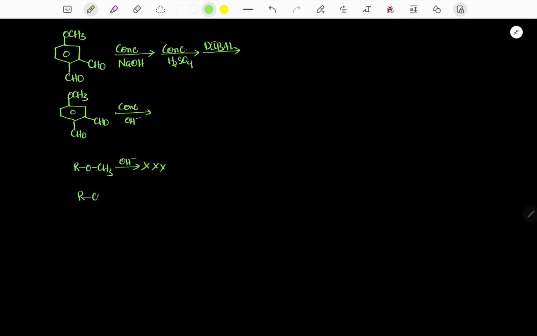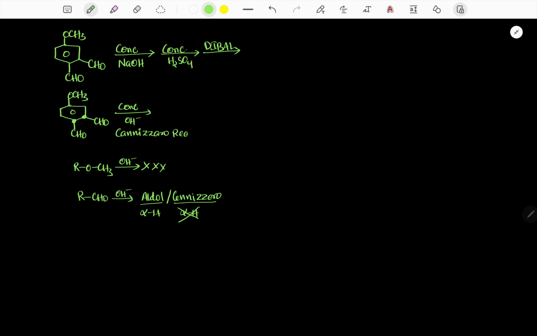But when an aldehyde is treated with OH minus, there is a possibility of aldol or Cannizzaro. Aldol is possible if alpha hydrogen is present. Cannizzaro is possible if alpha hydrogen is not present. Therefore here the ether won't react, and this aldehyde has no alpha proton. Therefore it is an example of the Cannizzaro reaction.